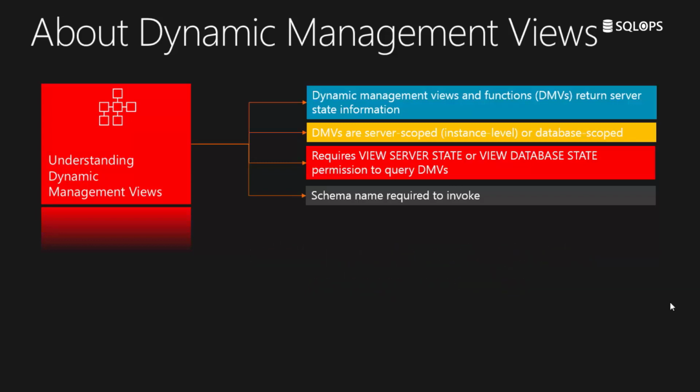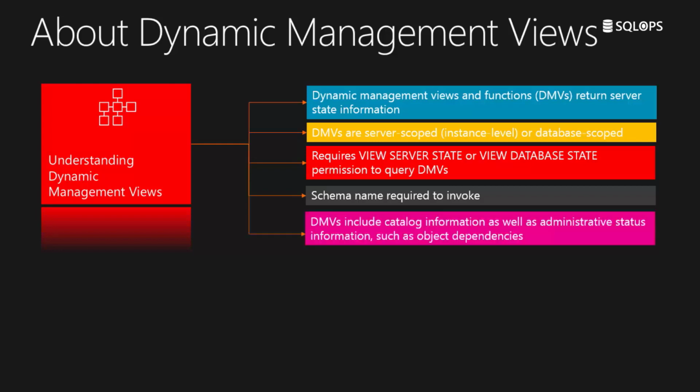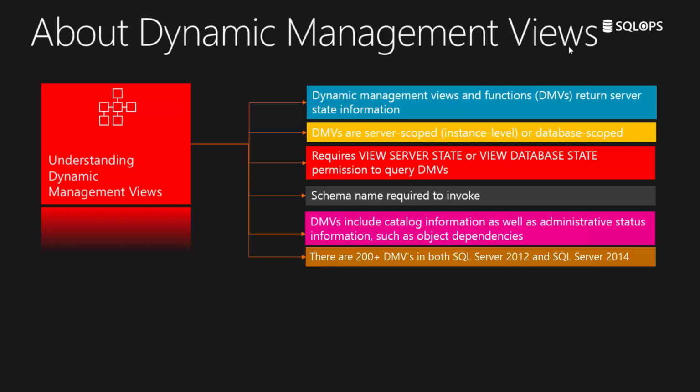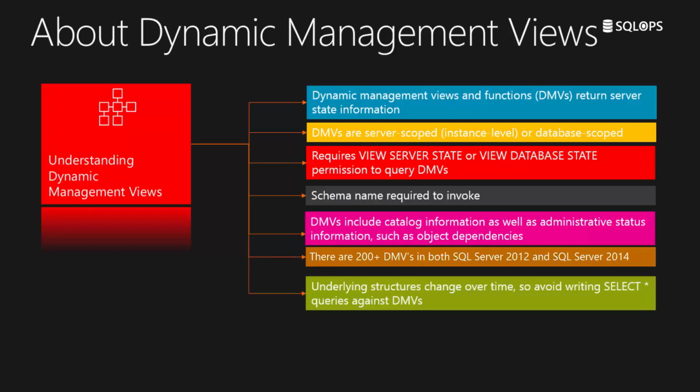And these DMVs can be implemented as views or as table-valued functions. If a DMV is a view, it will not take parameters, but if it is a function, parameters may be required. Dynamic management views include catalog information as well as administrative status information such as object dependencies. There are nearly 200 DMVs in SQL Server 2012.